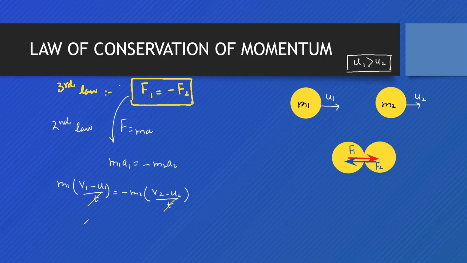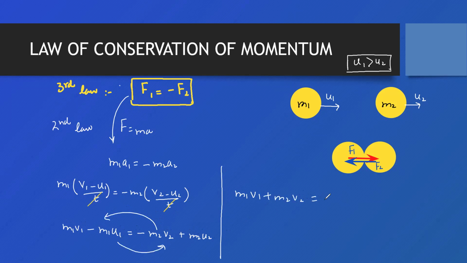And what do I get? I get m1 v1 minus m1 u1 equals negative m2 v2 plus m2 u2. I would arrange them and move m1 v1 to the other side: m1 v1 plus m2 v2 equals m1 u1 plus m2 u2.